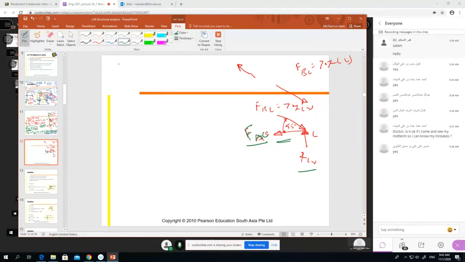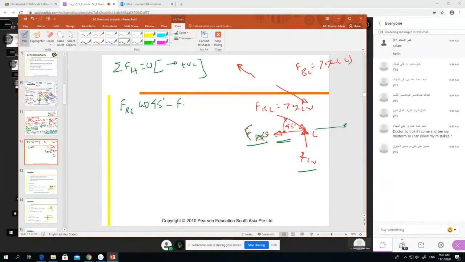To find FAC, we can calculate the summation of H equal to 0, and we take the right side as positive, right? So we can write down FBC at a 45-degree angle. FBC cos 45-degree is the horizontal component, and this is in the opposite direction.